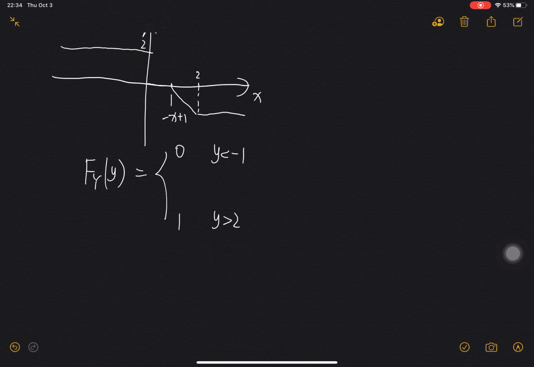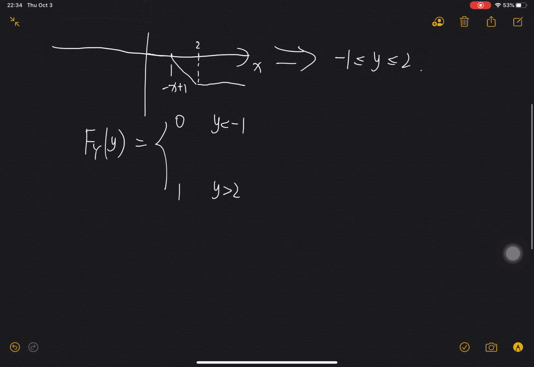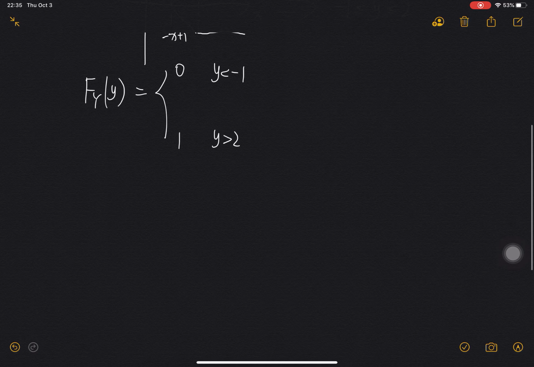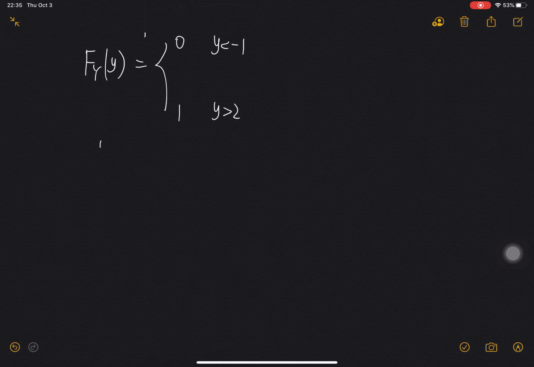Because in this figure, we can find that y is larger than minus 1 and smaller than 2, right? Okay, this is part of the density function of y. So let's look at the rest of it, which is when y is in minus 1 and 2.